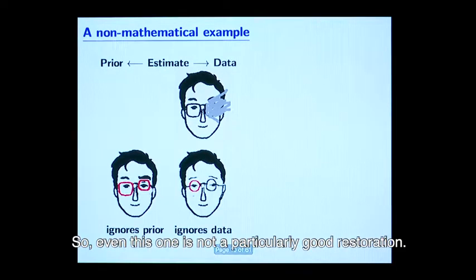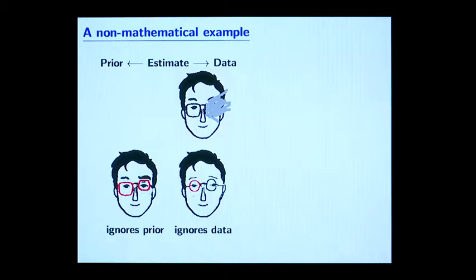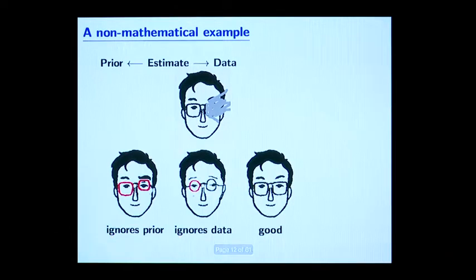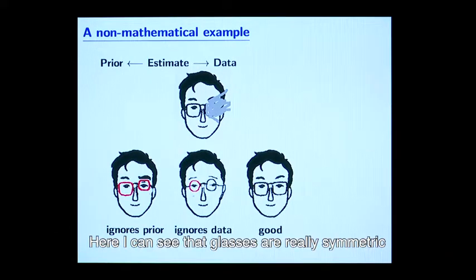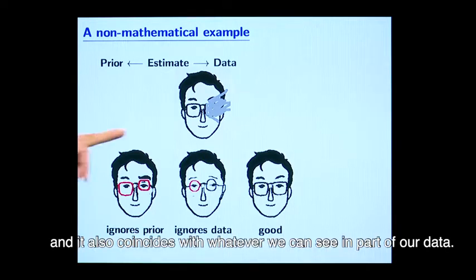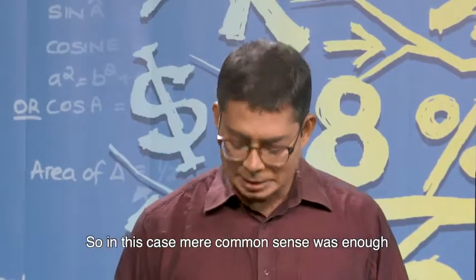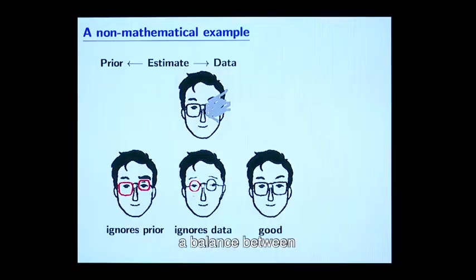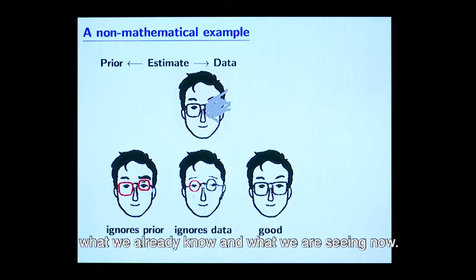So even this one is not a particularly good restoration. However, here is a third one that sort of balances things nicely. Here I can see that glasses are really symmetric, and it also coincides with whatever we can see in part of our data. So in this case, mere common sense was enough to restore a balance between what we already know and what we are seeing now.